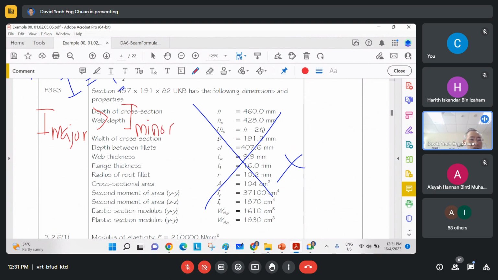Jadi sama juga Z. Now saya suka because I old school lah, British standard. Okay, I like to use the old convention, old sign notation. Z major always bigger, selalu akan lebih daripada Z minor. So what is Z?